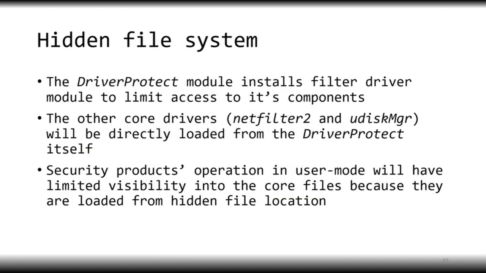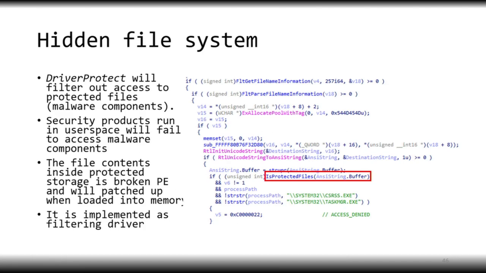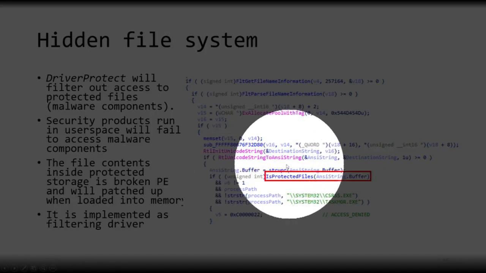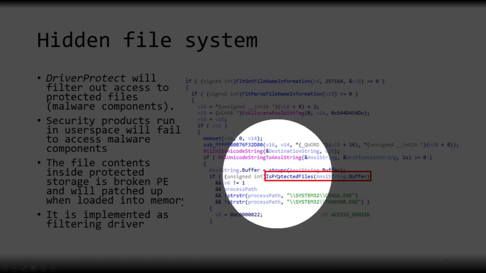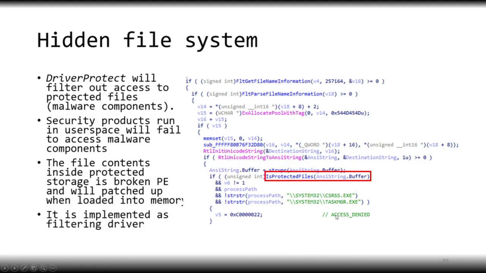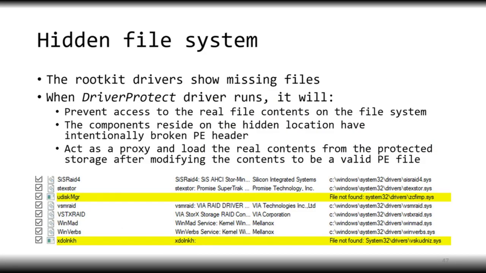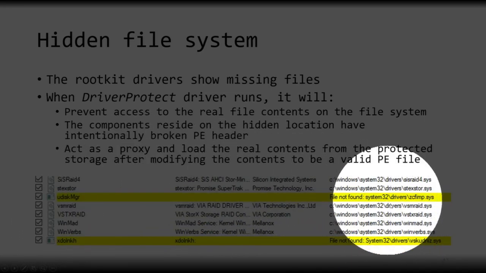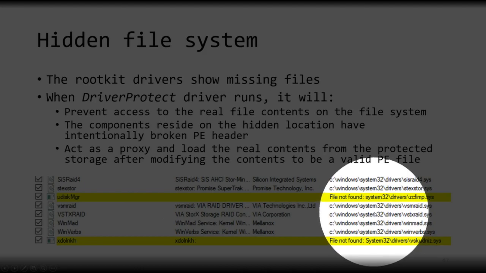In this hidden file system, they have a call to check for protected files. Whenever files fall under this category, they just return access denied. So from the user mode perspective, they can't access these modules. And if you look at the two drivers they registered, they are regarded as non-existent files.